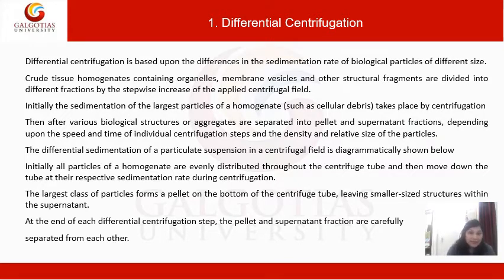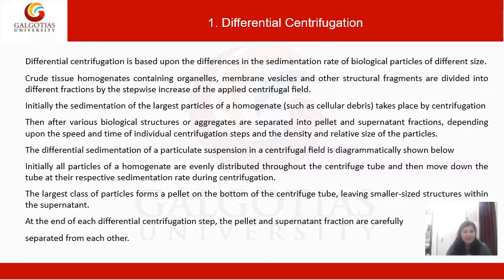Initially, the sedimentation of the larger particles of the homogenate takes place, and for this mixture we have cellular debris as the largest particle. Then various biological structures or aggregates are separated into pellet and supernatant fractions, depending on the speed and type of individual centrifugation step and the density and relative size of the particles.